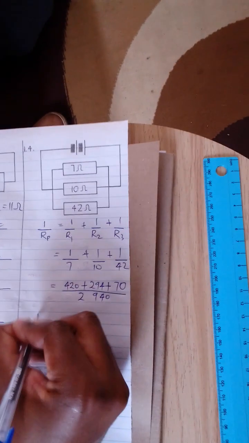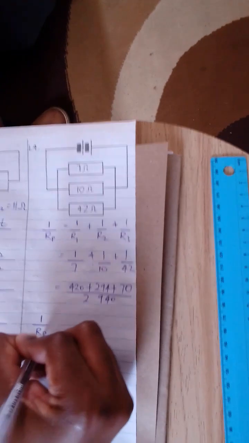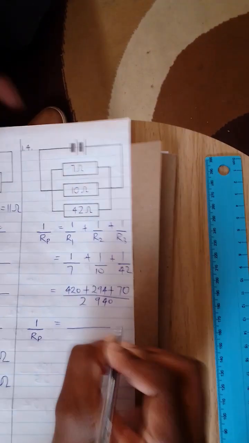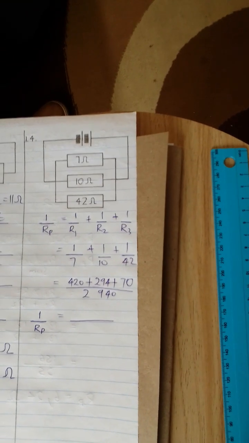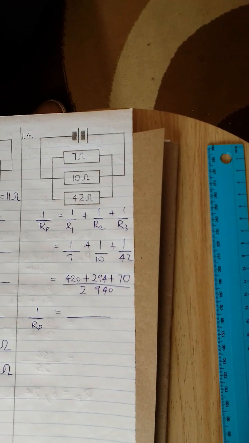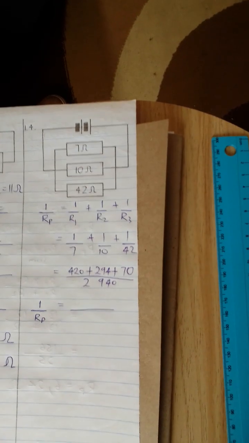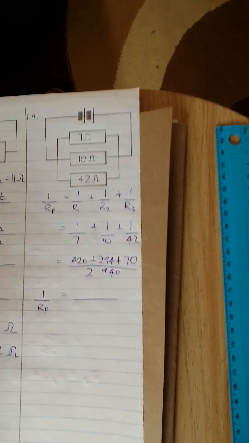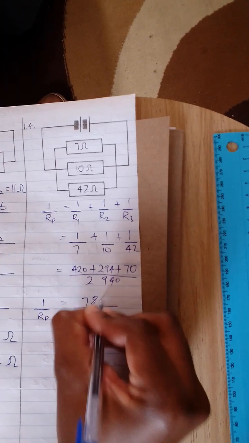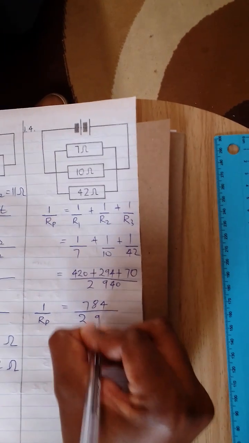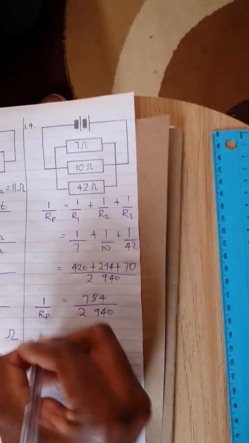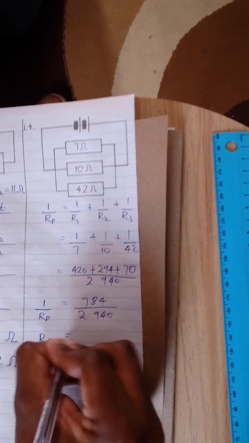So we get 1 over Rp is 420 plus 294 plus 70. 784 over 2,940.